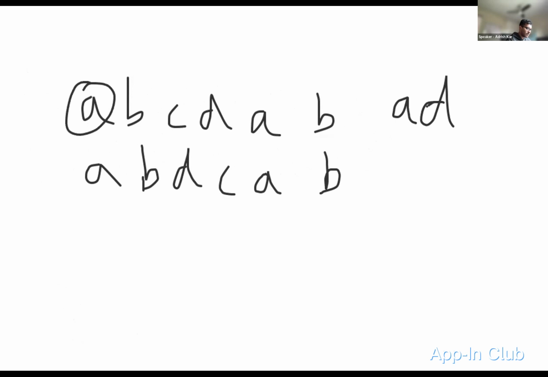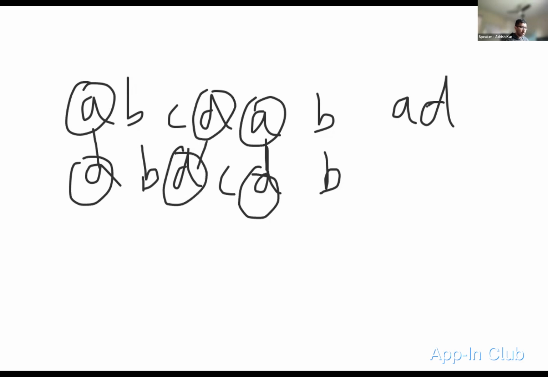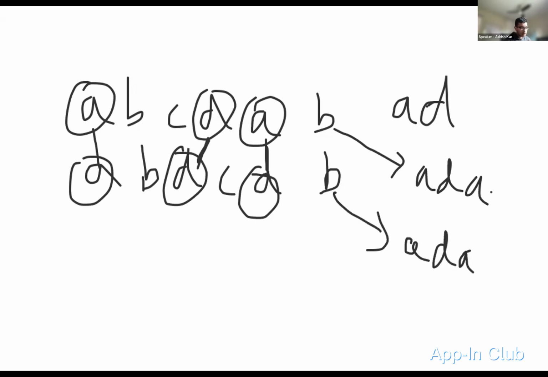If I do this, then I can see that none of the lines intersect. For the first string, I have ADA. For the second string, I have ADA as well. So these strings are equal. But the second that the positions of the letters don't match up, these strings are not equal when restricted to the subsets.